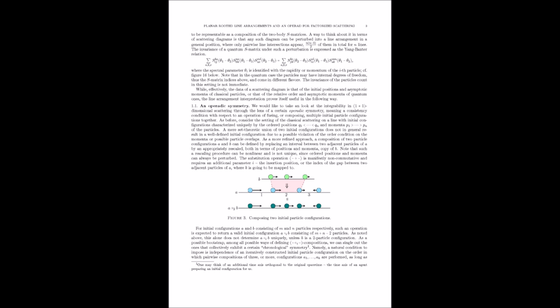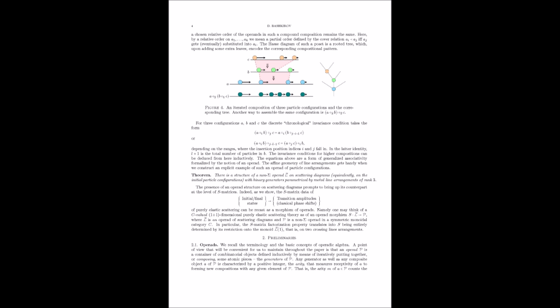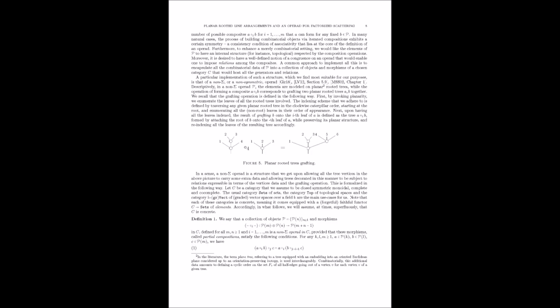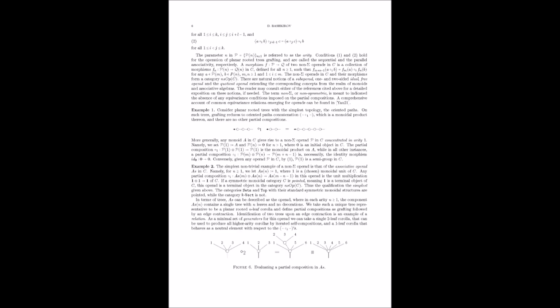The operad structure helps us see how Z-symmetry connects different scattering diagrams. Any scattering diagram can be transformed, using Z-symmetry, into a configuration where all the lines intersect at a single point. So no matter how complex the diagram starts out, we can simplify it down to a single point where all the action happens.